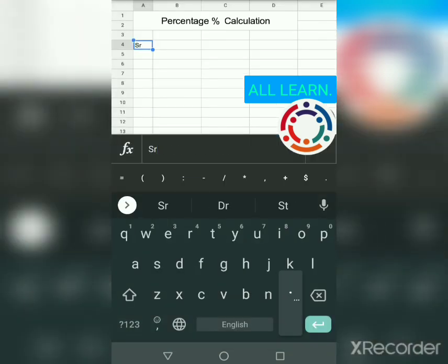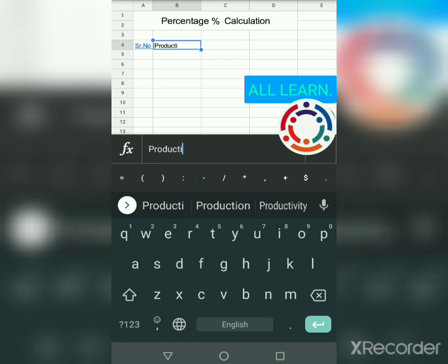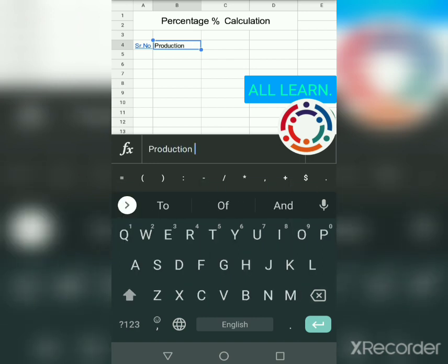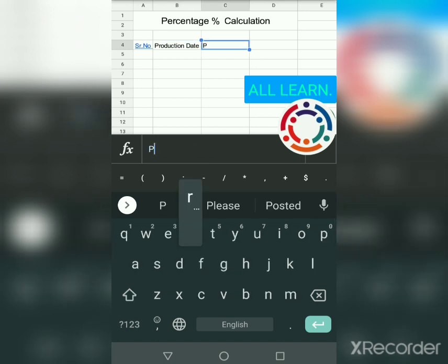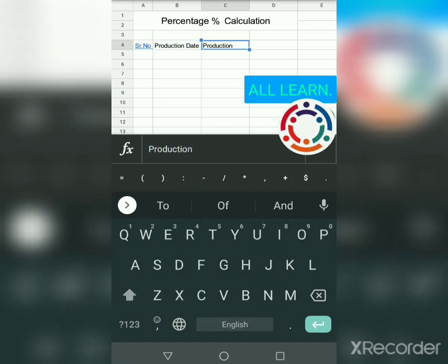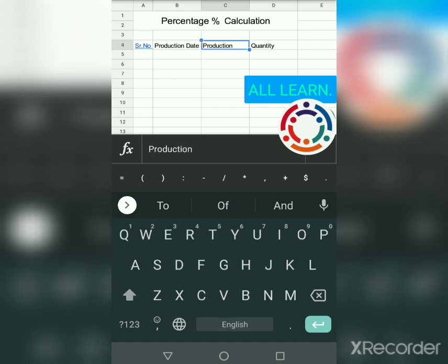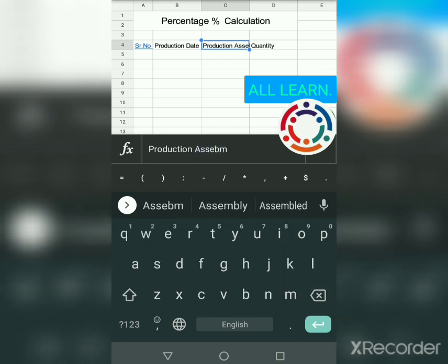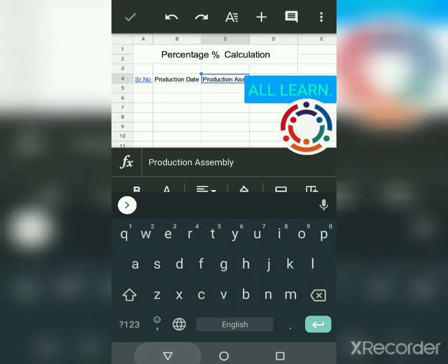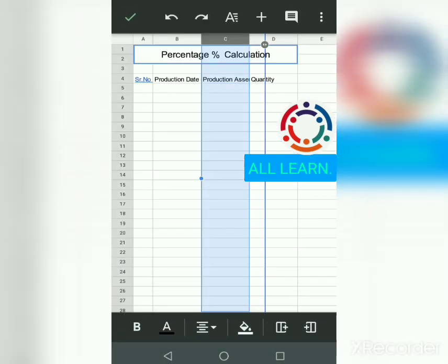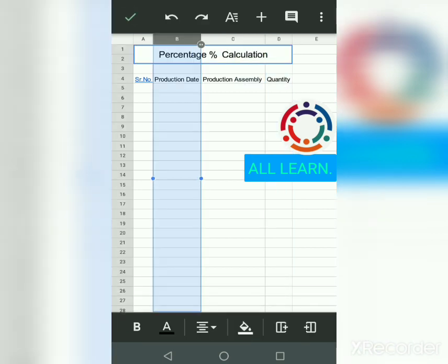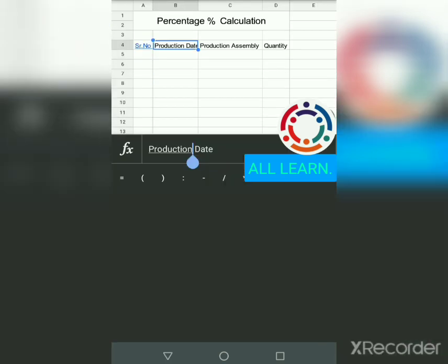Serial number. Write down serial number. Production quantity. Production rate and production quantity. Same. Let's make this a little smaller.